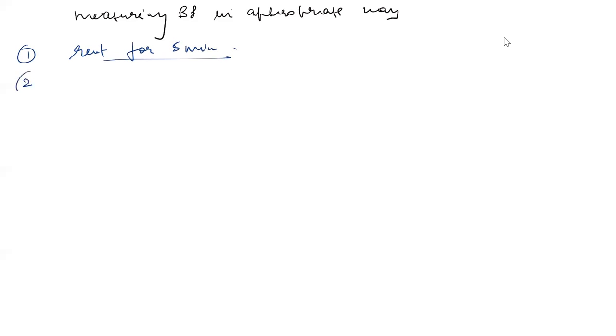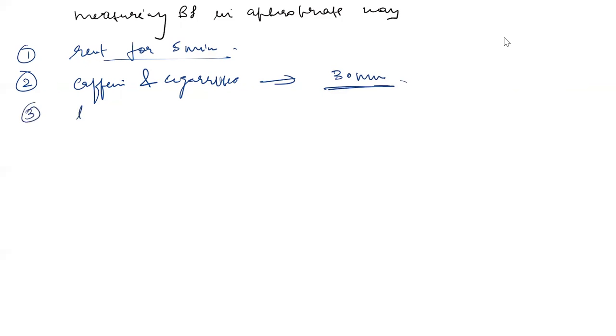Suppose a patient comes to us in the OPD, we'll have him rest for 5 minutes before taking his BP. The second thing is that caffeine and cigarettes should not be taken before 30 minutes. Then another point is that legs should be uncrossed.